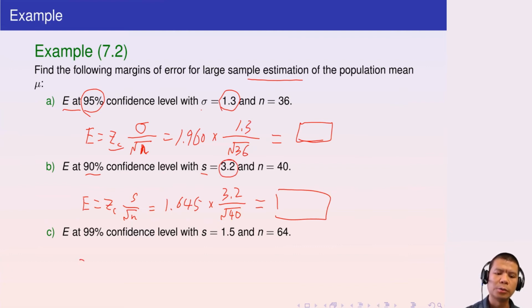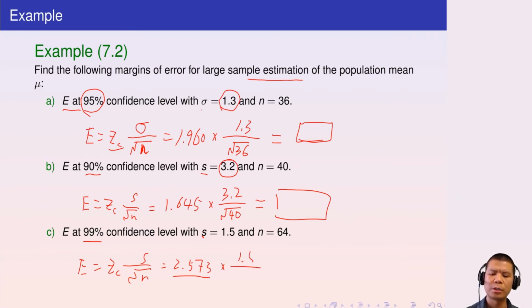Now here E equals ZC times S over square root of n, with 99%, so 2.573. I believe it's this one, you may double check it, times 1.5 over square root of 64. So it equals something, and round to one decimal place.